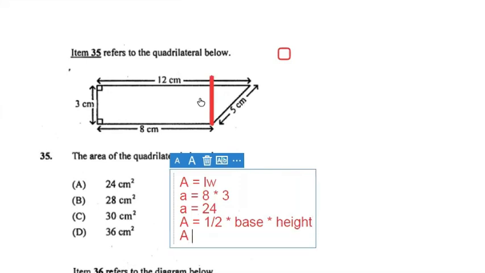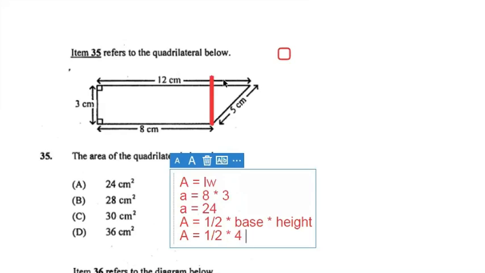So that is equal to half times the base of this triangle, which would be 4, because remember this entire length of line is 12, but remember right at this point where the triangle starts is 8 centimeters, so we're subtracting the 8 from the 12 to get what the remaining portion is, which would be the base of the triangle, and that is 4.